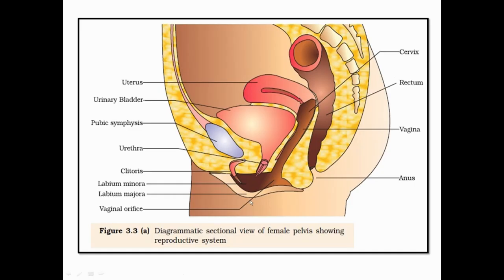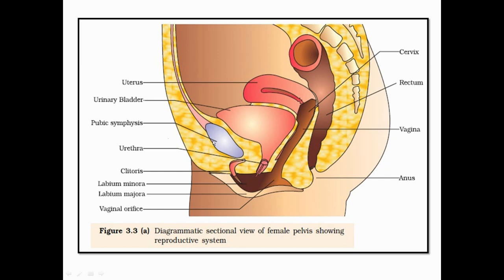Now come to the pelvic section of the female body. This is the sectional view. You can have a look at the uterus, which looks more like a pear shape, and this is the urinary bladder, and this is the pubic symphysis. This is very very important.